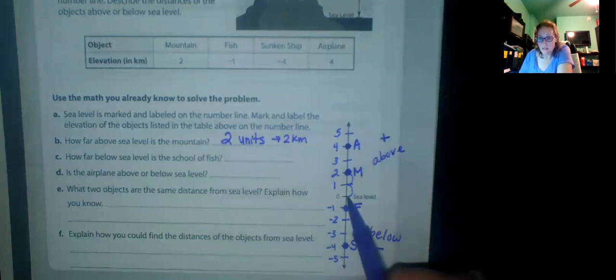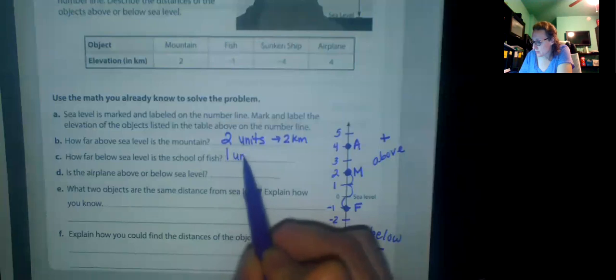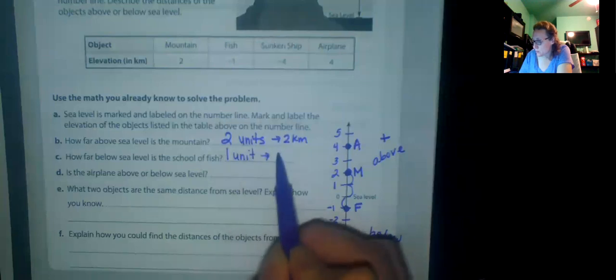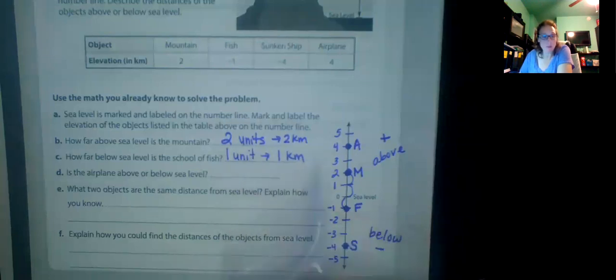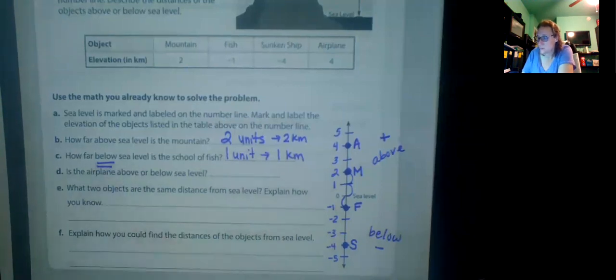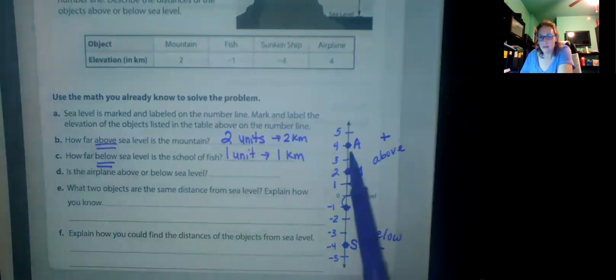So from sea level again, we're going down to the fish. So it's just 1 unit. So 1 unit or 1 kilometer. Below. This one was above, the next one was below. All right, is the airplane above or below sea level? So where's the airplane again? It's up here. So that means it's above sea level.